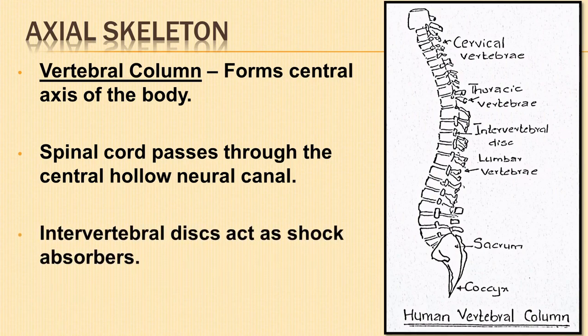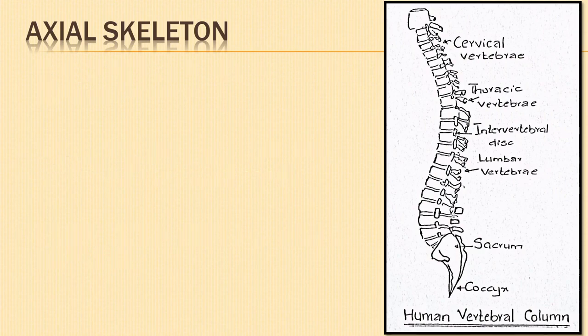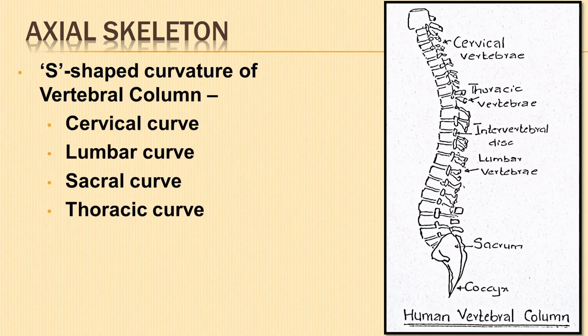Between each of the vertebrae, there are cartilaginous pads, the intervertebral discs, which act as shock absorbers. The S-shaped structure of the vertebral column is due to different curvatures. The cervical curve and the lumbar curve are directed forward, while the sacral and thoracic curves are directed backward.